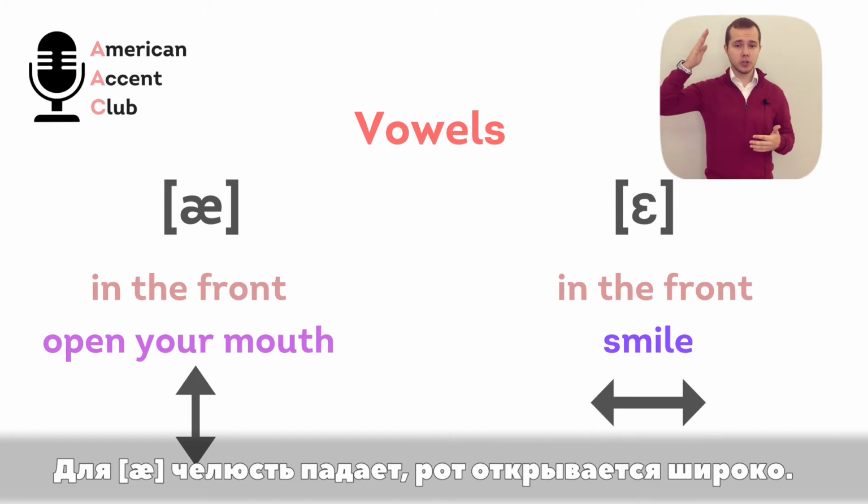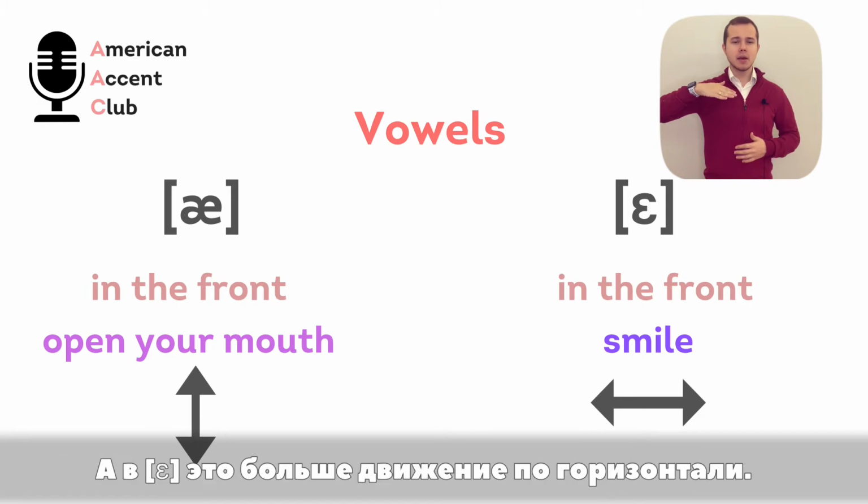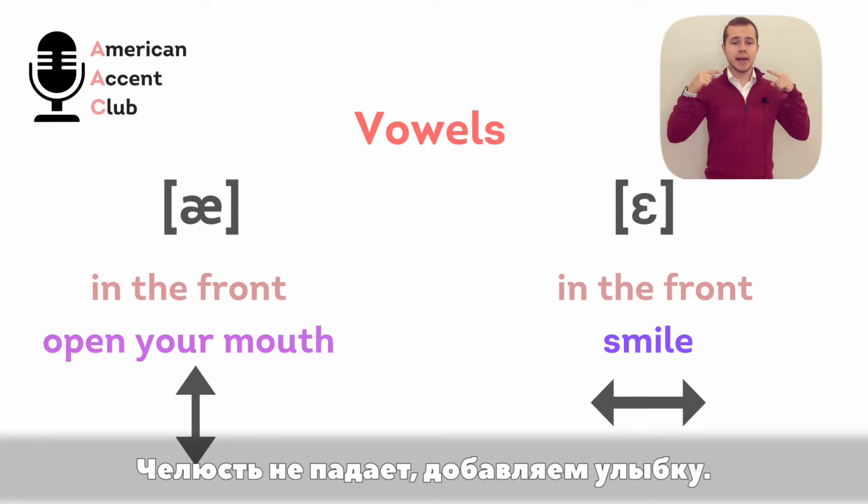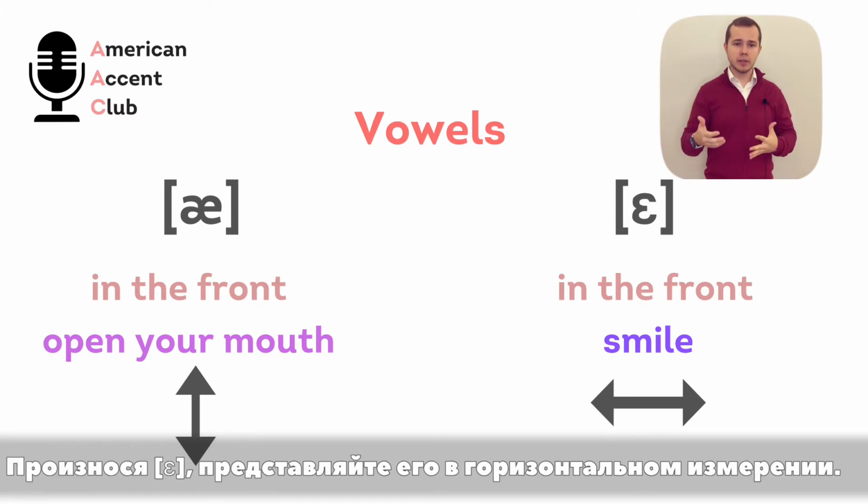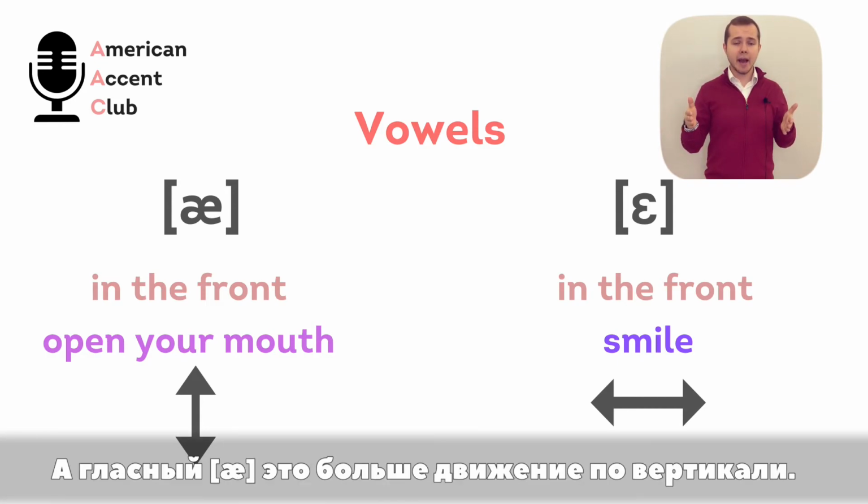Your mouth should open. A, a. Okay? In "eh", it's more of a horizontal movement. Your jaw does not drop, and you add a smile. So when you're trying to articulate the "eh" sound, think of it in a horizontal dimension, so to say. When you're trying to say "a", it's more of a vertical dimension.